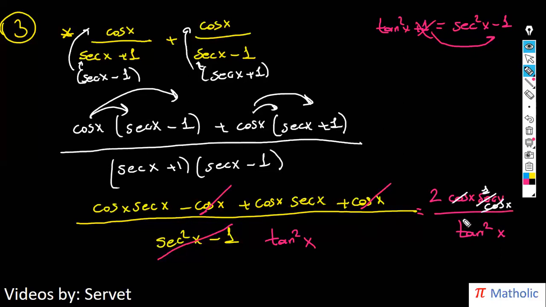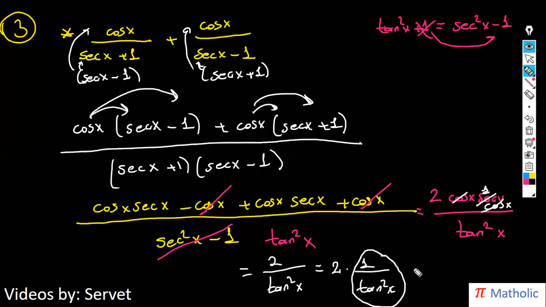So cosine and cosine cancel each other. What's left up is only 2, and down tangent squared. And this can be written as 2 times 1 over tangent squared. And as you know, 1 over tangent squared is cotangent squared.